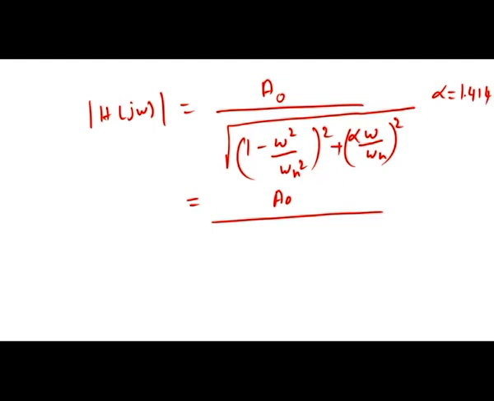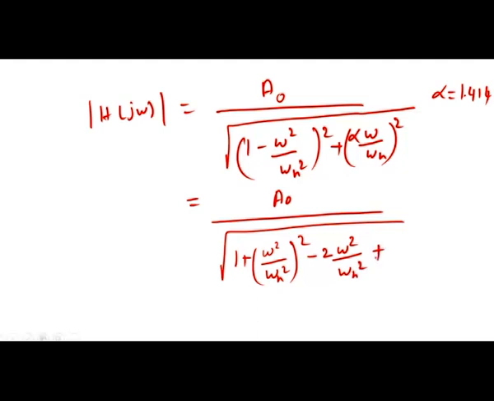And if you substitute alpha as 1.414, it is actually root 2, and if you expand this term, it is (A minus B) the whole square, so A square plus B square minus 2AB.